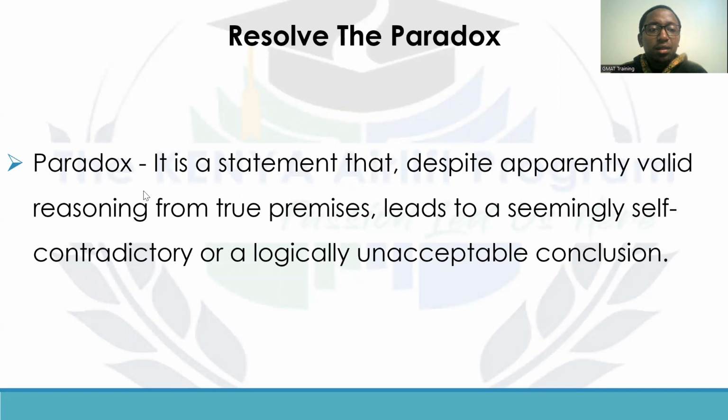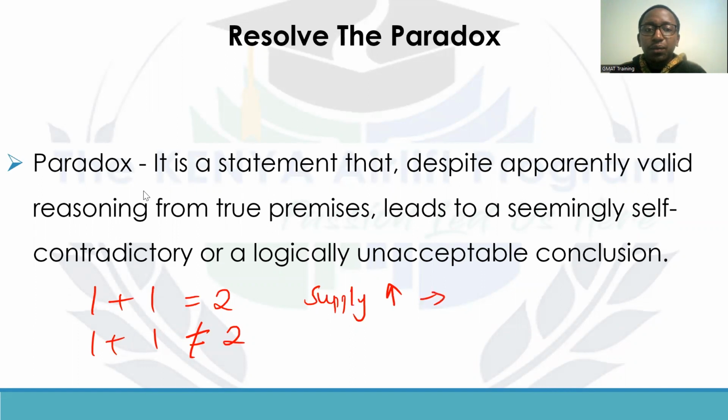So this means that, say, if you expect 1 plus 1 to be 2, you have 1 plus 1 and not 2. So you are supposed now to explain why this is. So for example, if you have a very common concept, so if supply increases, you expect the price to decrease.